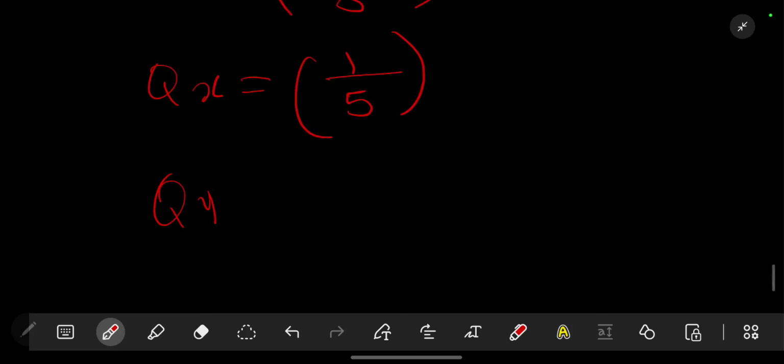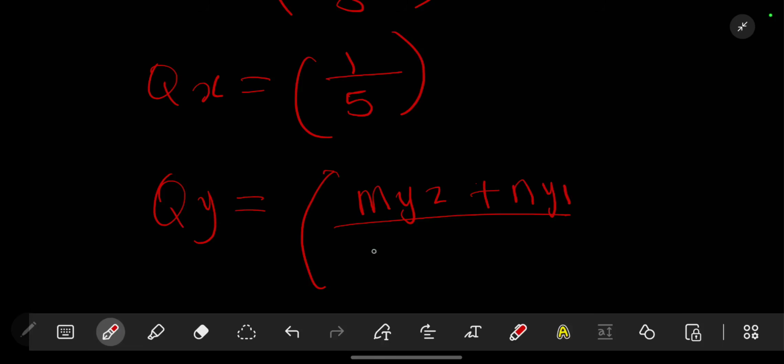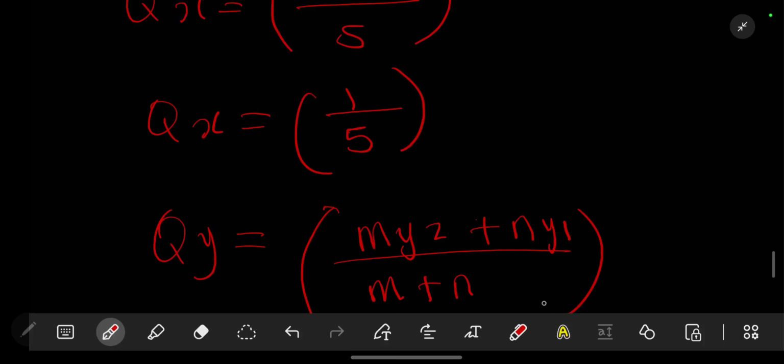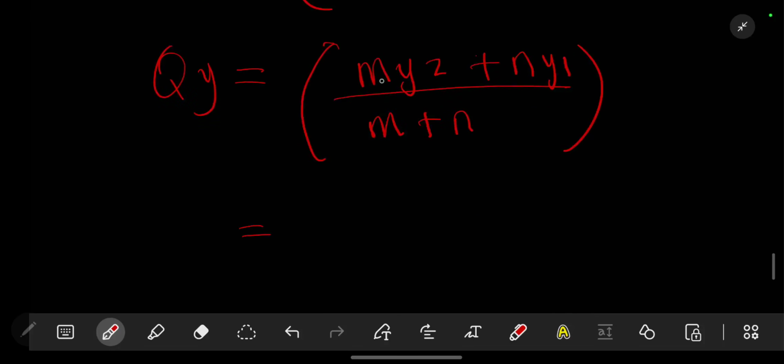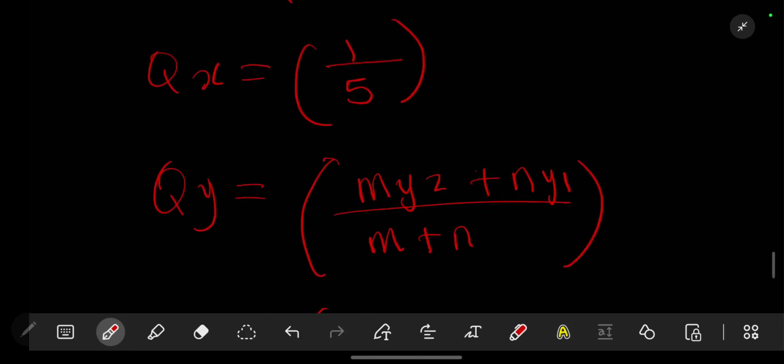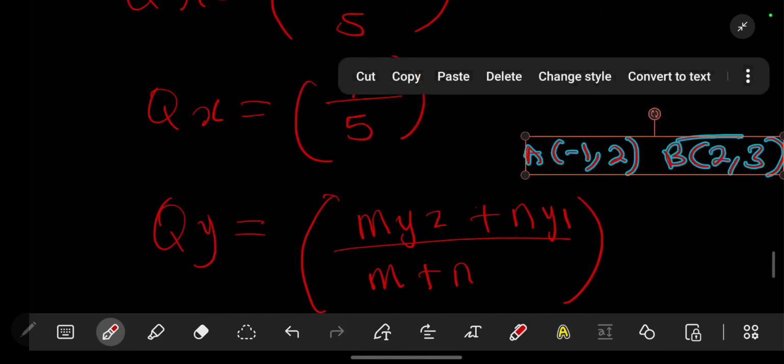Likewise, find your QY, which should be equal to the same thing: m y2 plus n y1 over m plus n. What do we have as our m? Our m is equivalent to 2.